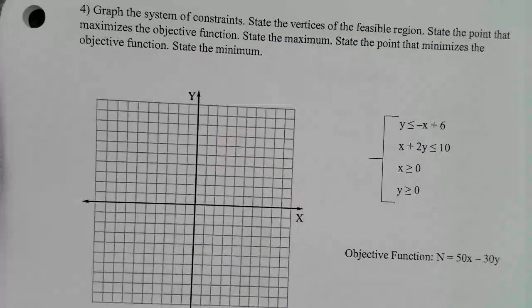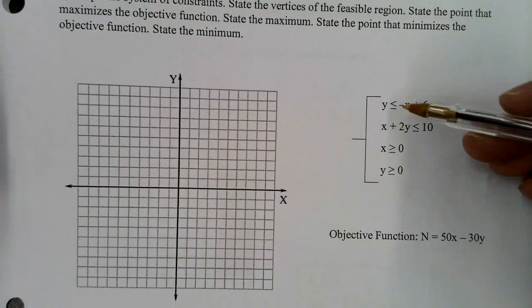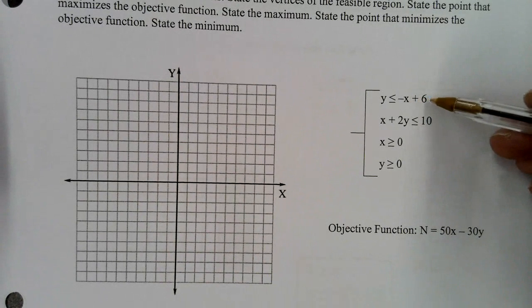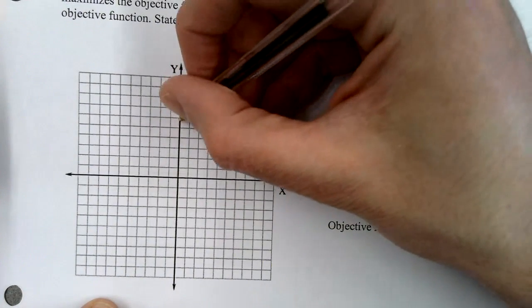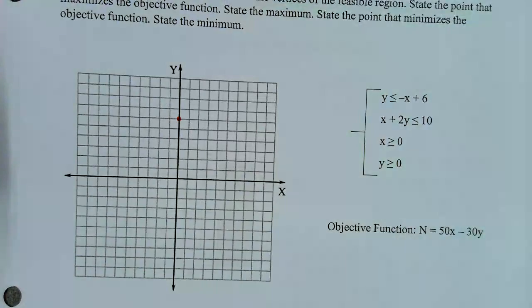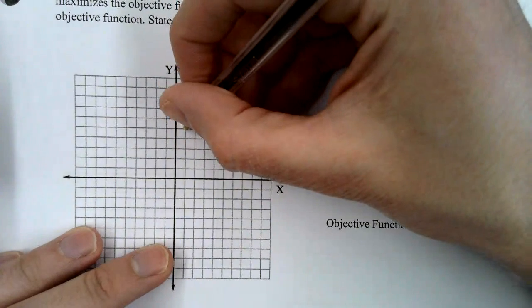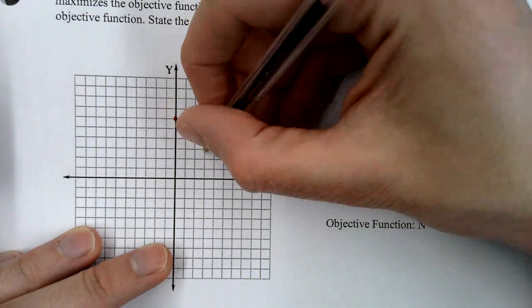Okay. So the first line has a y equals mx plus b. The y-intercept is 6. And the slope is negative 1, so you can go down 1 and to the right 1. Keep doing that.